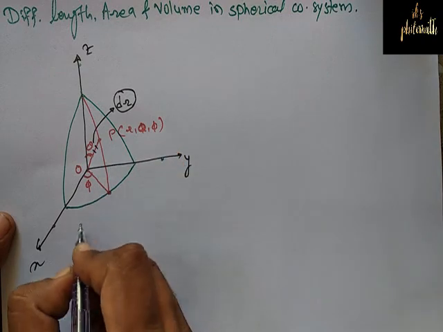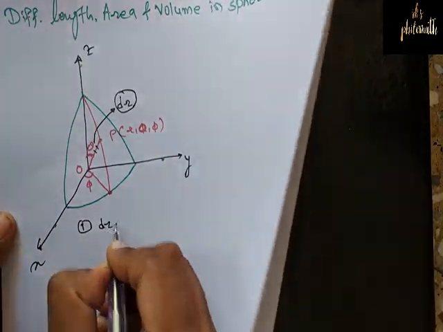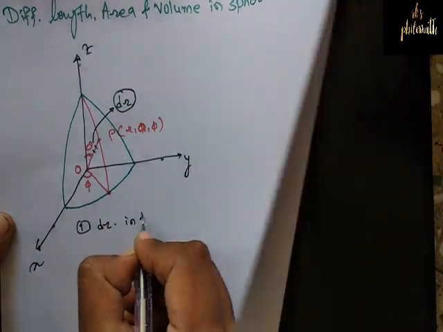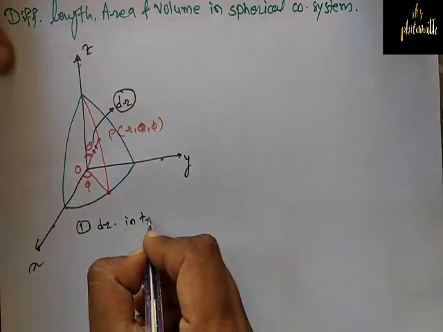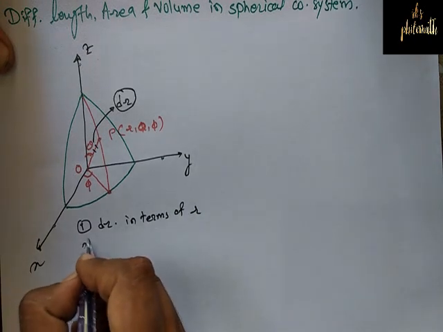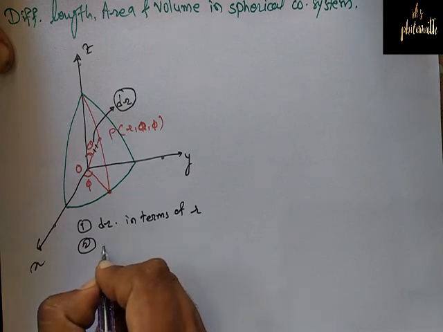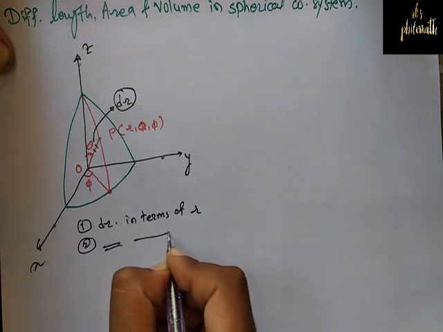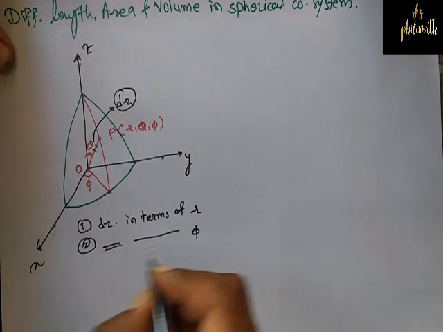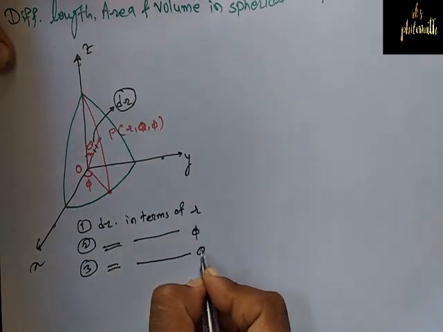Now we have to calculate the two other differential lengths. First is dr in terms of radius r. Second, we have to find it in terms of phi, and third in terms of theta.